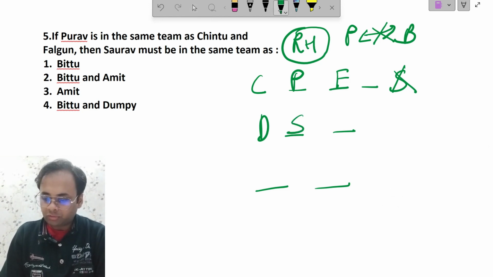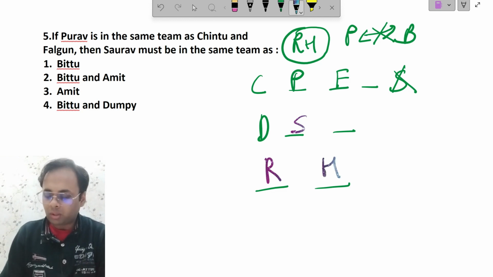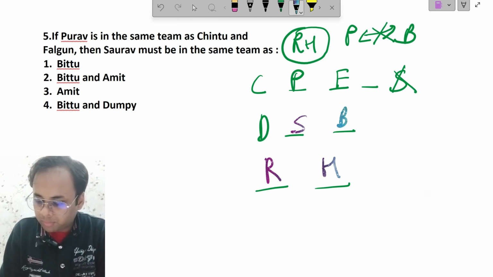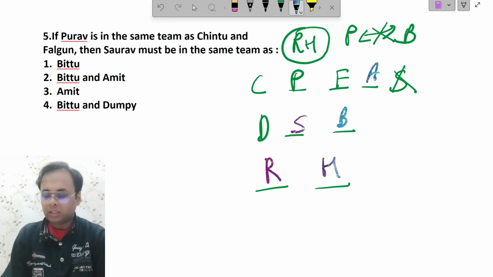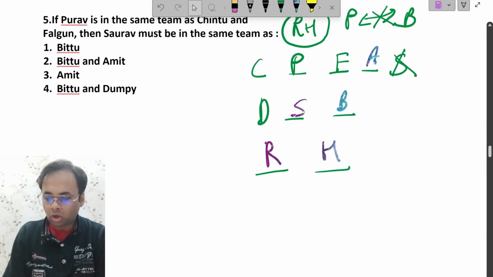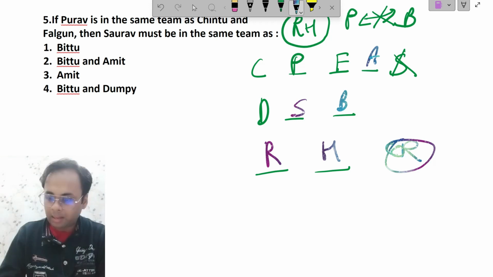In that case, let me mark it with a different pen because we are not certain about this. So S can come over here. In that case, R and H have the only option of coming up here, and B will have to come here and A will have to come over here. So this is the first case, when R and H go in the third member team. The second thing can happen, if R and H go in the second team, what will happen then?